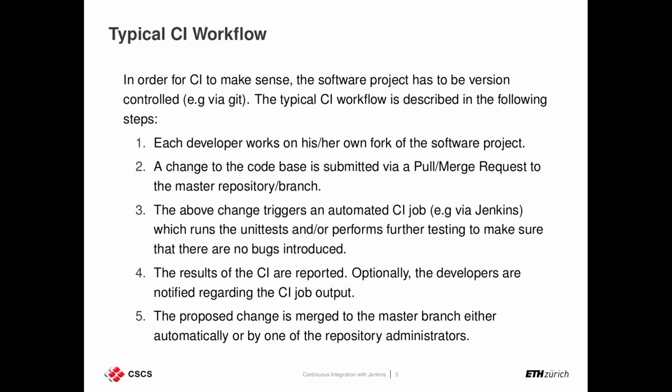Jenkins has various plugins so that you can be notified of the results of the build. And finally, the proposed change is merged, either by the administrators or automatically if you have configured it so, which can further trigger a deployment job or something like that.